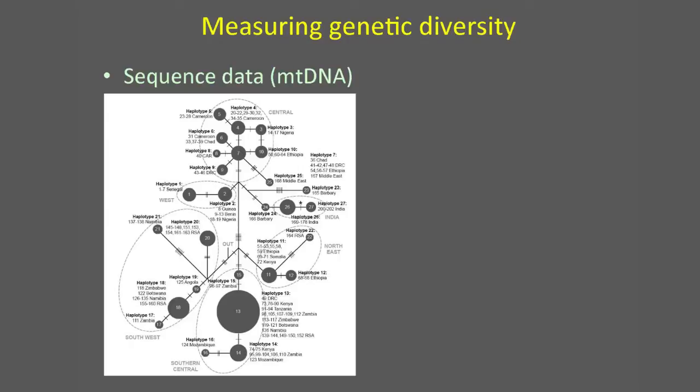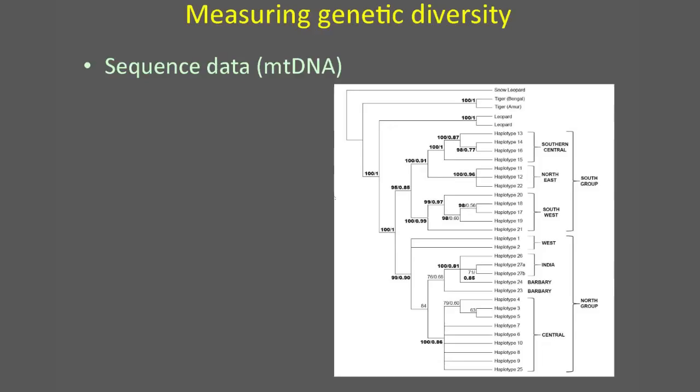And you can do the same thing, or a similar thing, by creating a phylogenetic tree, which is shown here. So here you look not really at what the difference is between the individuals, but what they have in common. And based on what they have in common, you cluster them together in a specific group.